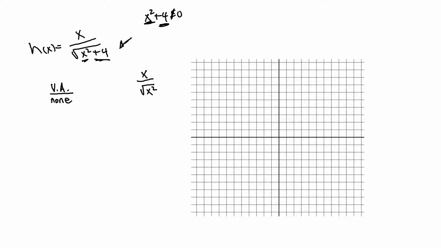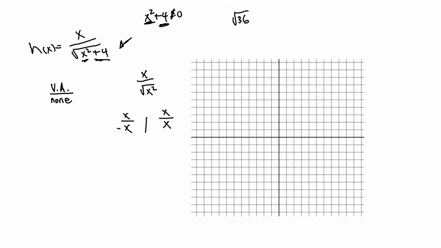Keep in mind that when we take a square root, there are two possibilities. Either we have a positive answer, so we could have x over the square root of x squared being just x, or we could have x over the square root of x squared being negative x. I know sometimes we can get lost in the numbers.